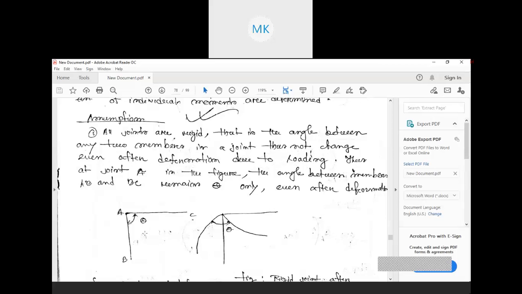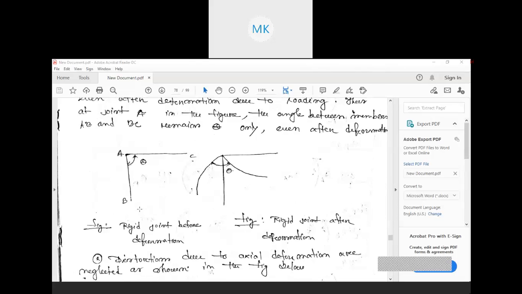As you can see in the figure, there is a frame ABC. At the joint, the angle between members AB and BC remains theta even after deformation. The first figure shows a rigid joint before deformation.